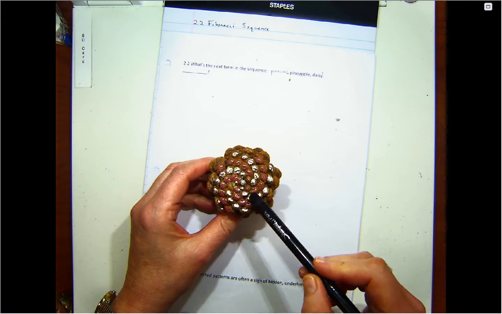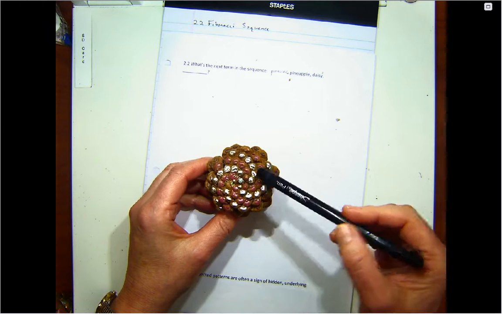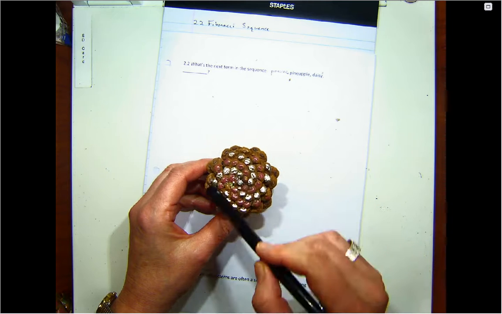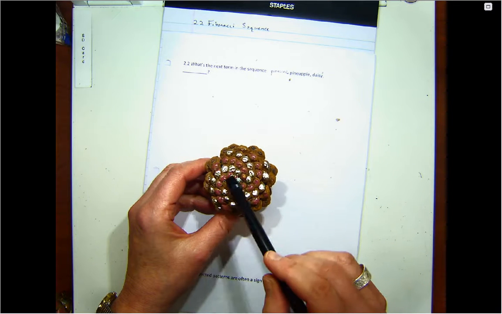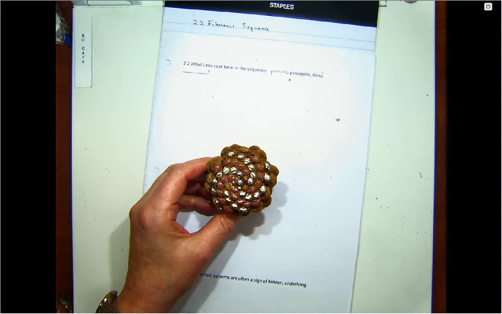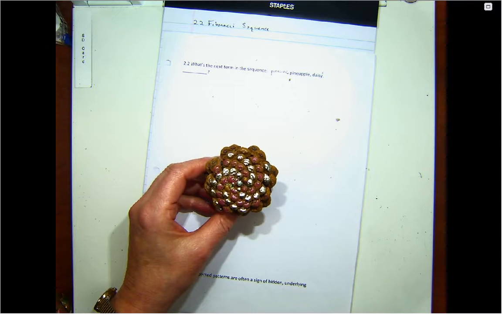So here's 1, 2, 3, 4, 5, 6, 7, 8. You should have had 8 going counterclockwise on your pine cone. It's kind of hard to see, but that's what it should be.